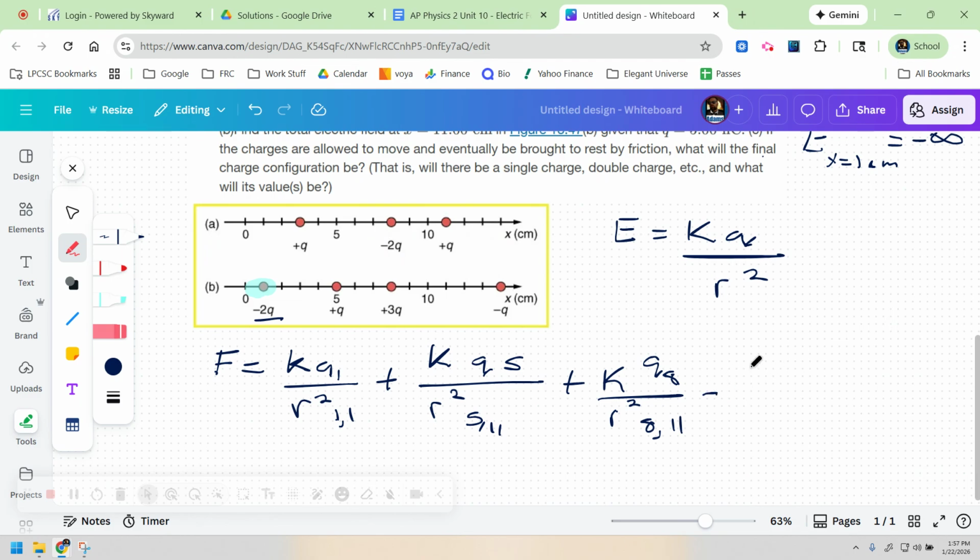And then we do have one force going in the opposite direction, which is K between Q1, or I'm sorry, Q14 and the distance from 11.